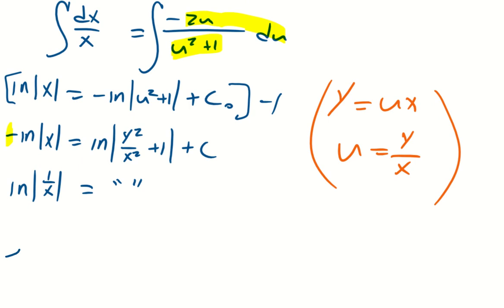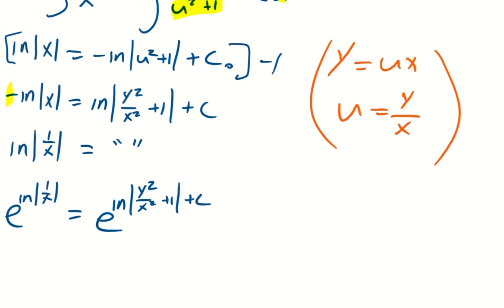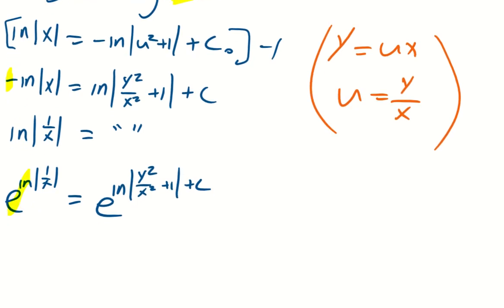We can say e is raised to the following power, the natural logarithm of the absolute value of 1 over x. And likewise on the right-hand side, we have e raised to the following power. We have inverses of each other. So the left-hand side is just the absolute value of 1 over x. We could expand out, so to speak, this right-hand side as a product of two things where e is raised to a certain power.